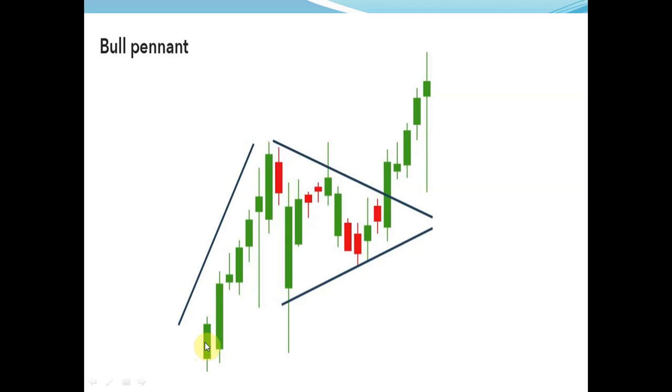So you see here, a bull pennant: the stock is going in an uptrend. Then here you see it is range bound, and you have to draw two trend lines, and this forms a bull pennant. You see, once it is in consolidation, then at the merging point it breaks out, and you can see how it moves upward.